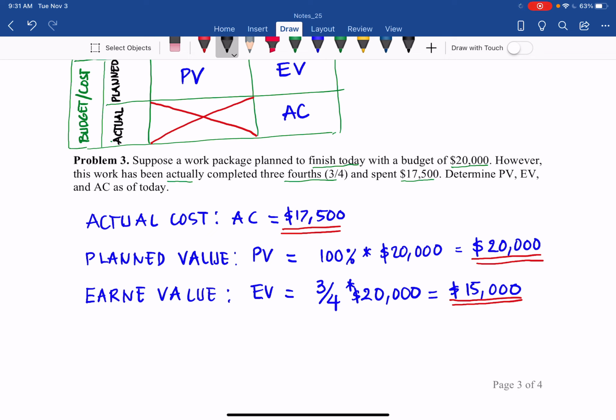So there is 2,500 over budget. Comparing the earned value and the actual cost, you can determine whether the project is over or under budget. So that is the magic of these 3 values. We will go over how to determine whether the project is behind or ahead of schedule and forecast the status of the project in the next lessons.